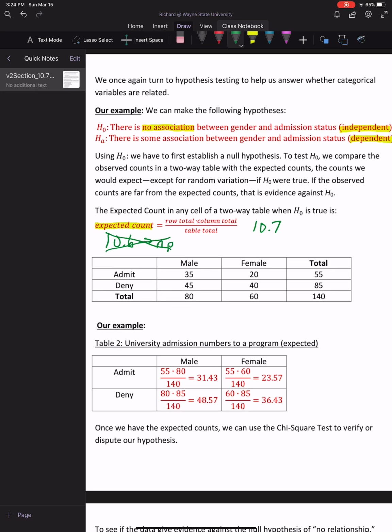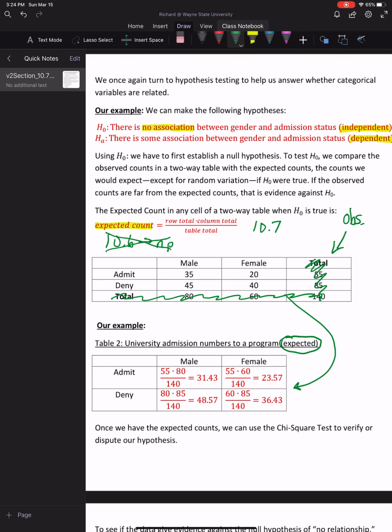If you notice, this particular table is for the observed counts. If I were to delete the total columns and rows, you'll notice that you only have 4 cells: male who were admitted, male who were denied, female admit, and female deny. Those 4 cells translate nicely to this table down here, which is dealing with the expected counts.